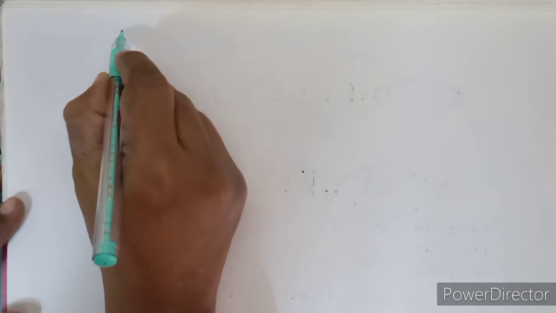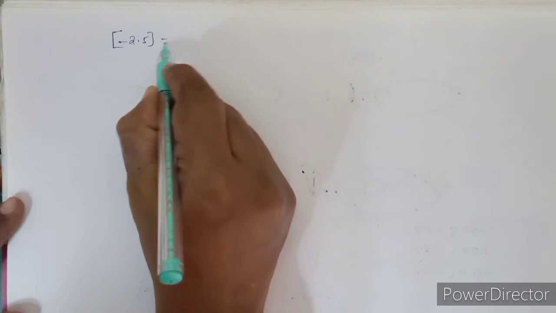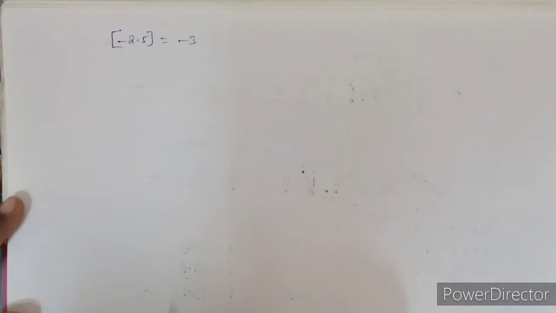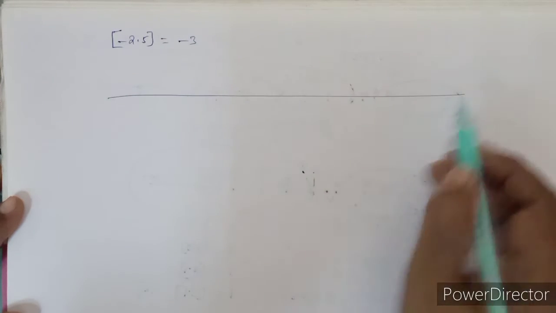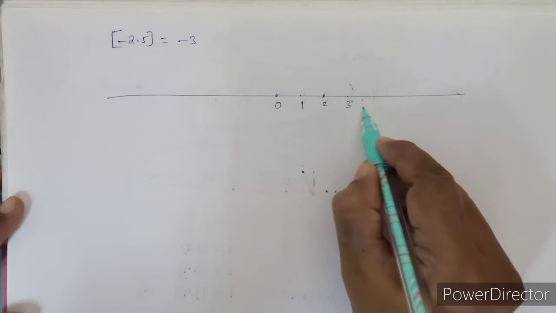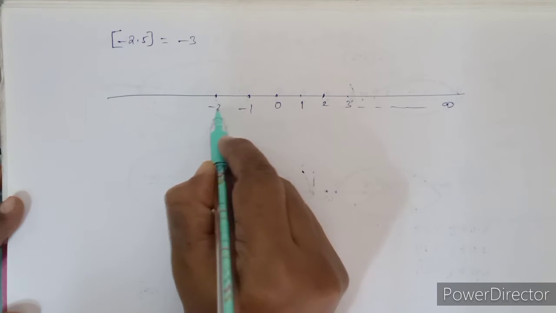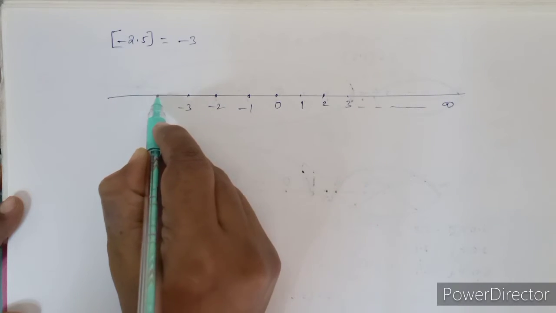Like this, in the same way we can see negative real numbers also. Minus 2.5: step of minus 2.5 is minus 3. How will we see? 0, 1, 2, 3 and so on up to infinity. This is minus 1, minus 2, minus 3, minus 4.